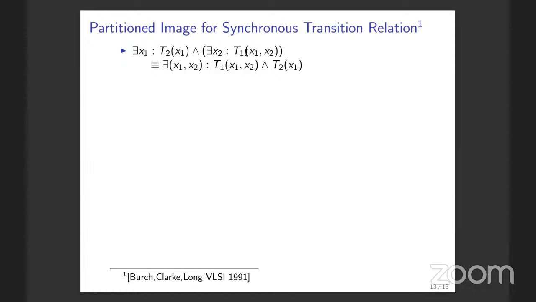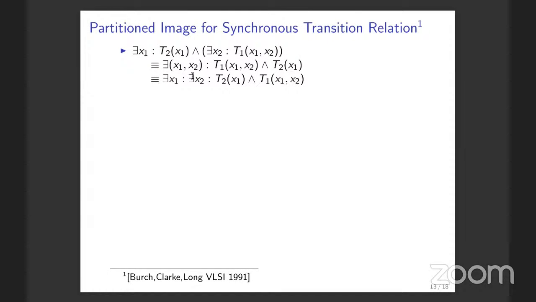But if the transition relation has individual components such that not everything is dependent on all the variables, then, here the global transition relation T consists of two components, and the second component is dependent only on a subset of variables. The first component is on both. In that case, you can actually do something like this.